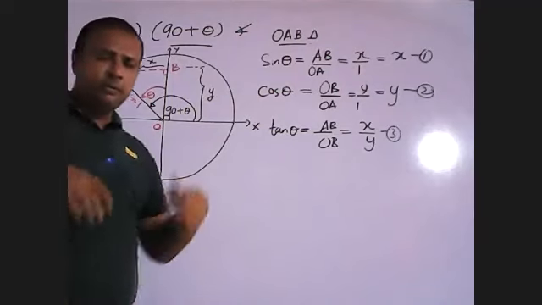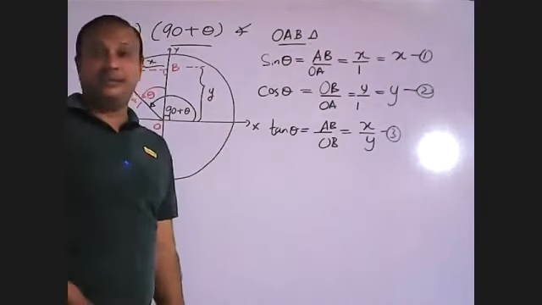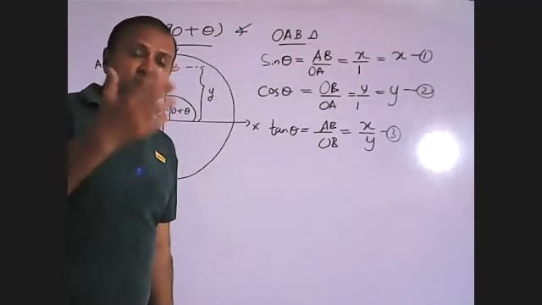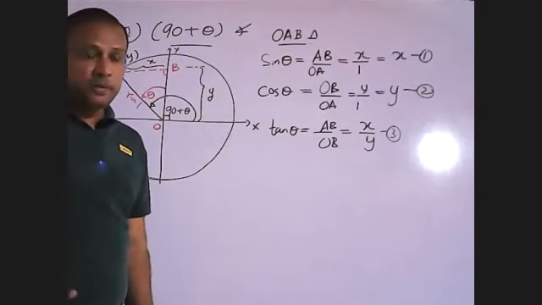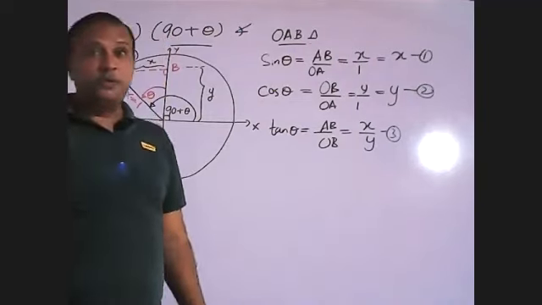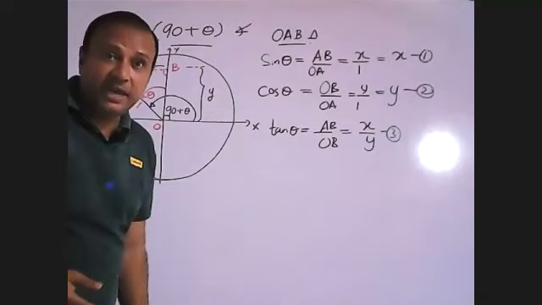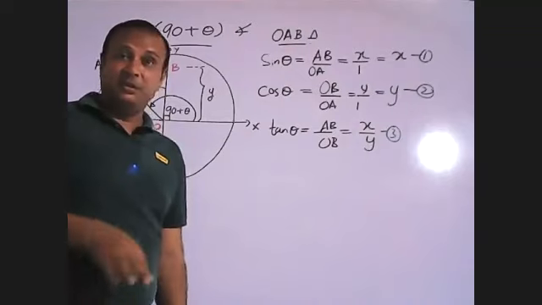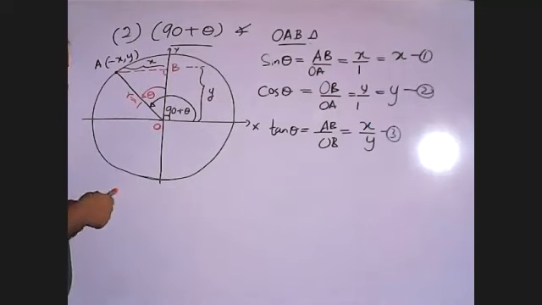But my objective is finding the sin, cos, tan values of 90 plus theta, not theta. In that case, you cannot use a triangle because 90 plus theta is an obtuse angle, so it is not a right angle triangle. Therefore, you have to use the basic definition, that means the circular definition. Sin 90 plus theta.